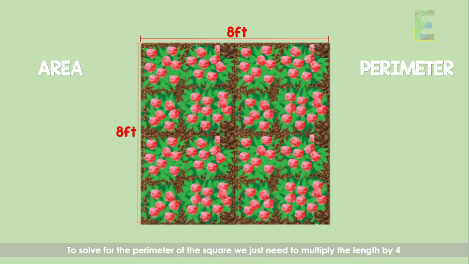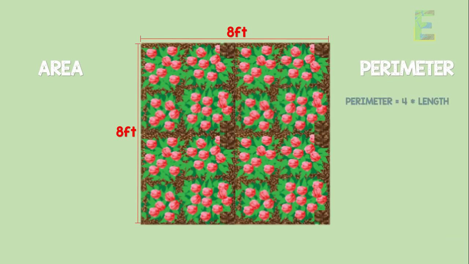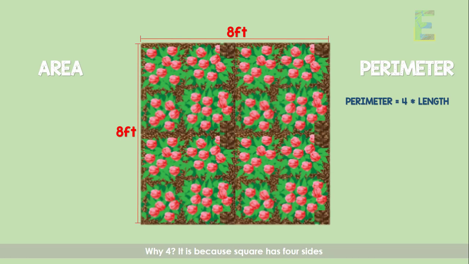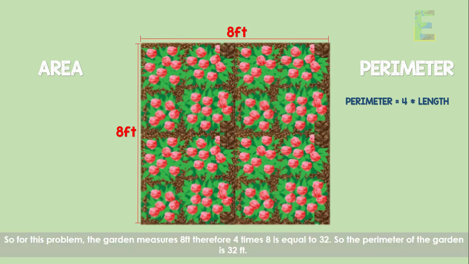To solve for the perimeter of the square, we just need to multiply the length by 4. Why 4? It is because a square has 4 sides. So for this problem, the garden measures 8 feet, therefore 4 times 8 is equal to 32. So the perimeter of the garden is 32 feet.